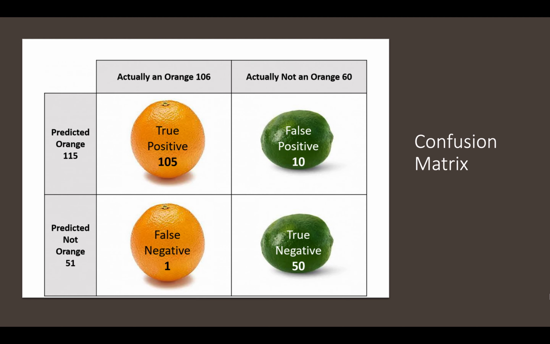So let's see what the confusion matrix is. The confusion matrix is a table that summarizes how successful the classification model is at predicting examples belonging to various classes. One axis of the confusion matrix, as you see here, is the label that the model predicted, while the other axis is the actual label.